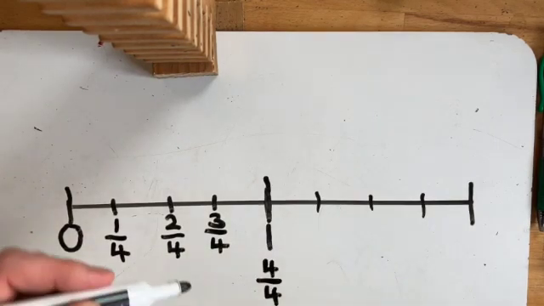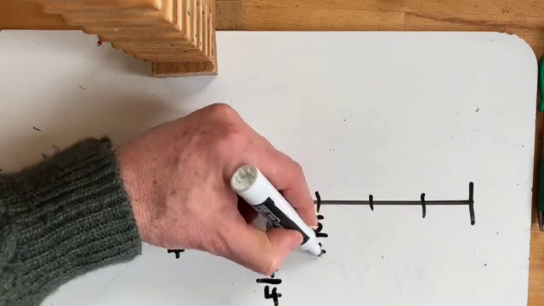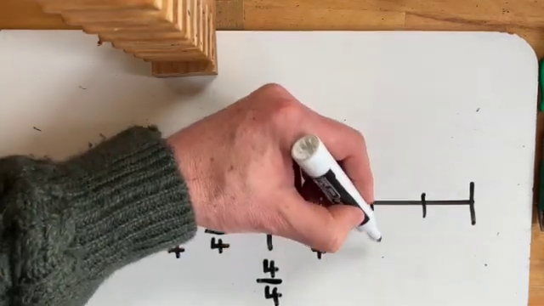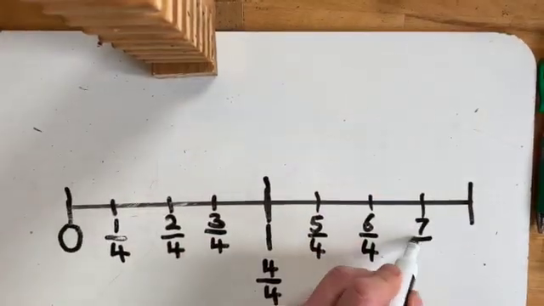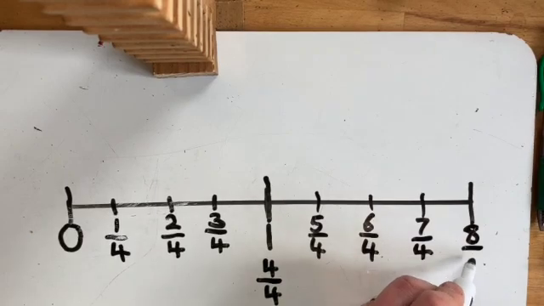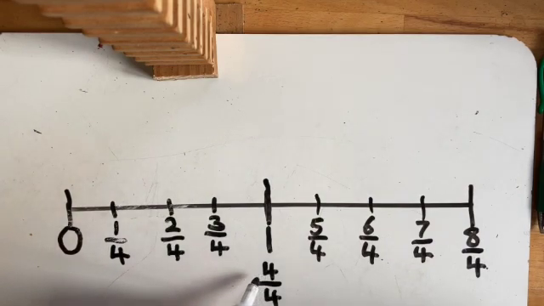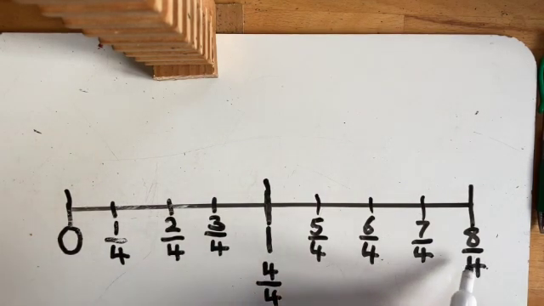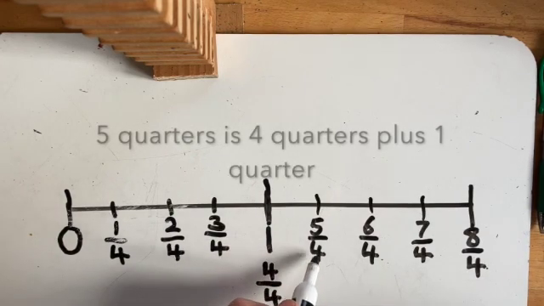And we can carry on to 5 quarters, 6 quarters, 7 quarters, and 8 quarters. We can also think of these numbers as being made up of 4 quarters plus 1 more.